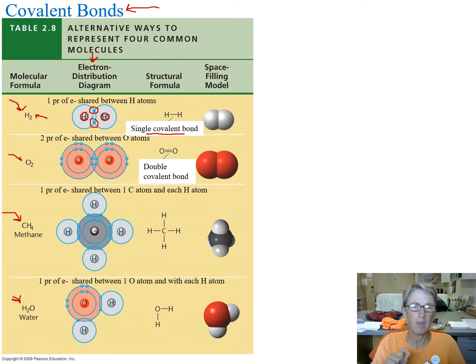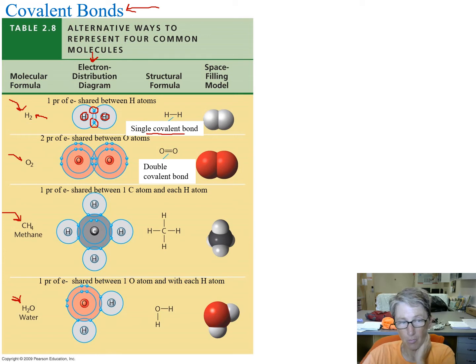And now the term covalent is going to become a little more complicated because you can share your electrons either equally or unequally. But for now, we're just going to say that a covalent bond is where two atoms share one or more pairs of electrons.